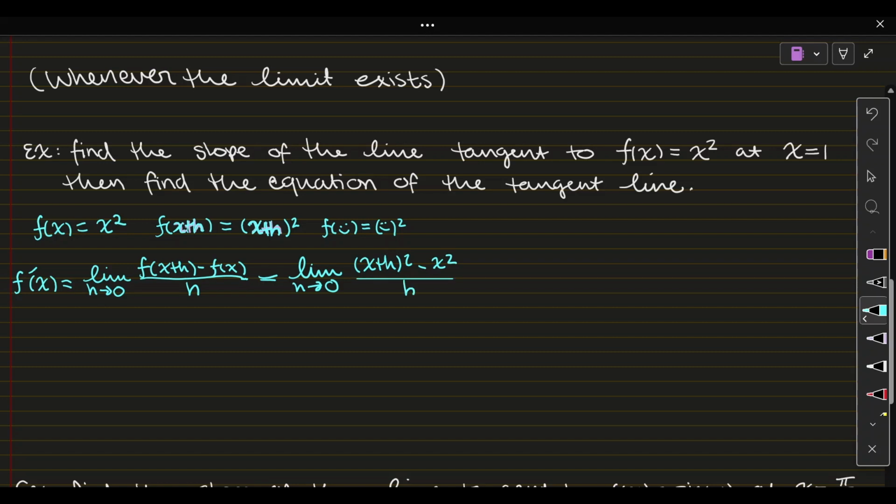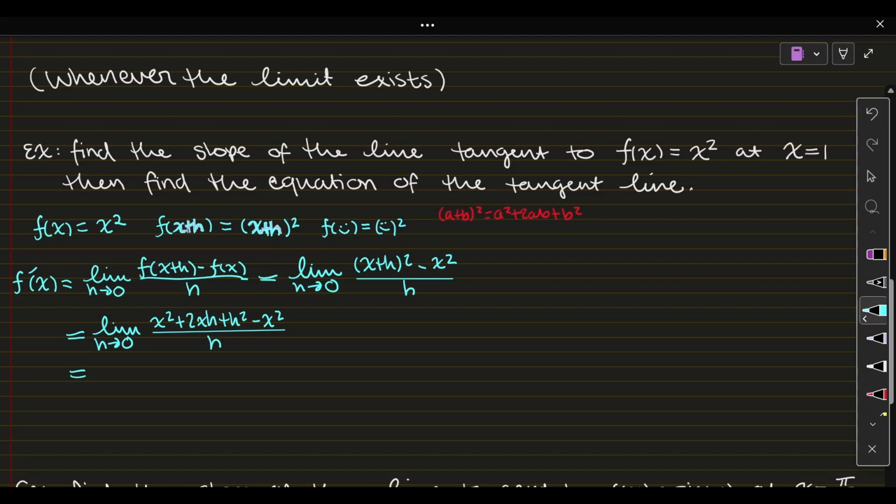Okay? So I'm going to expand this using the formula. Let's write it out here: a plus b squared equals a squared plus 2ab plus b squared. If you don't know that, FOIL it. So we have x squared plus 2xh plus h squared minus x squared over h.